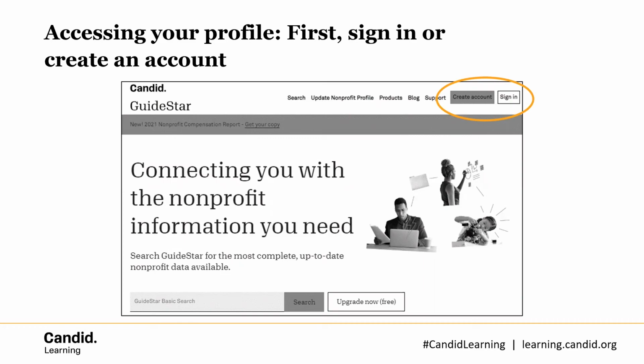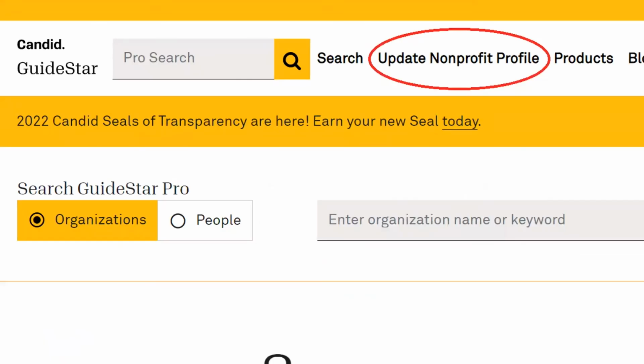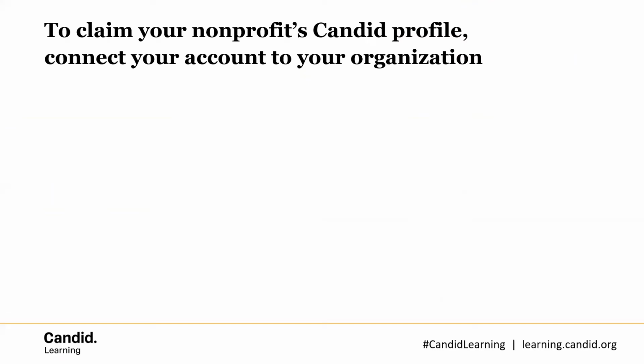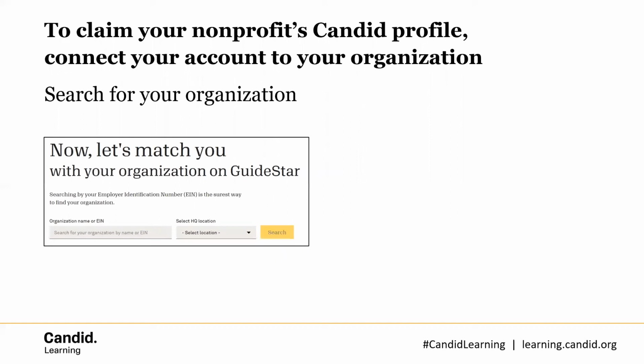All right. So you have registered and you are signed in. As you sign in, on the bright yellow GuideStar homepage, you're going to click up in the top action bar, search bar, on update nonprofit profile. It should look the same across everyone's browsers, everyone's screens. Within that page, if you click on update nonprofit profile, you will essentially be prompted to claim your profile.